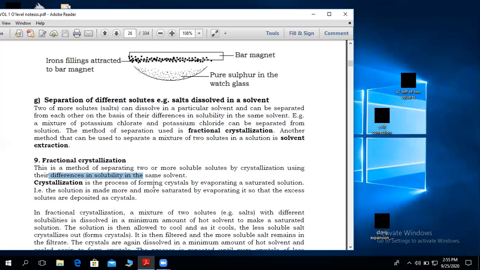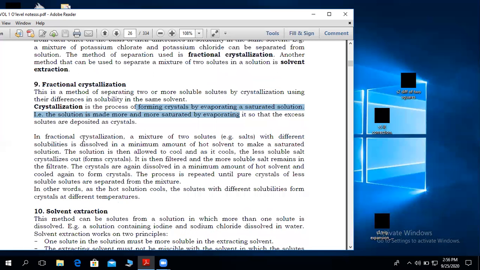Crystallization alone is the process of forming crystals by evaporating a saturated solution. That is crystallization. So in fractional crystallization, a mixture of two solutes, e.g. salts, with different solubilities is dissolved in a minimum amount of hot water to make a saturated solution.